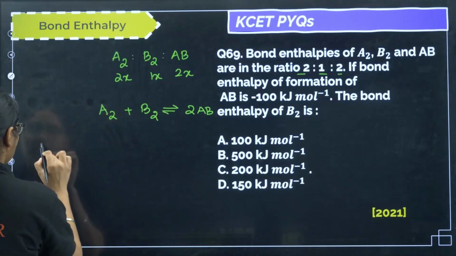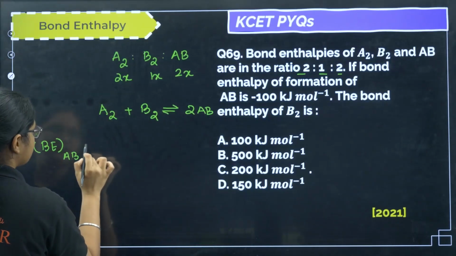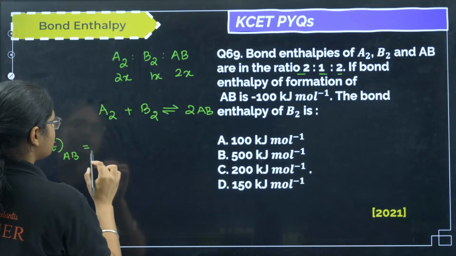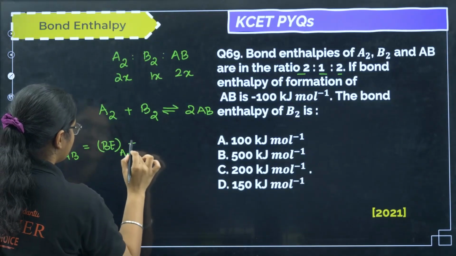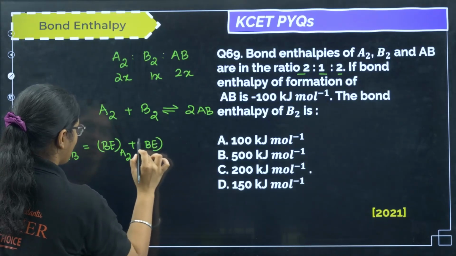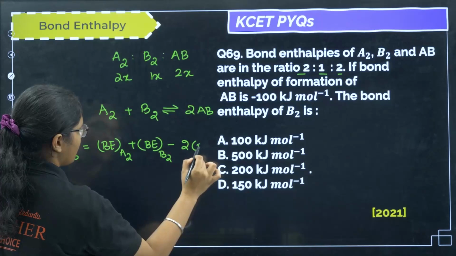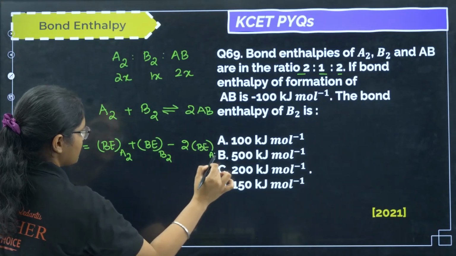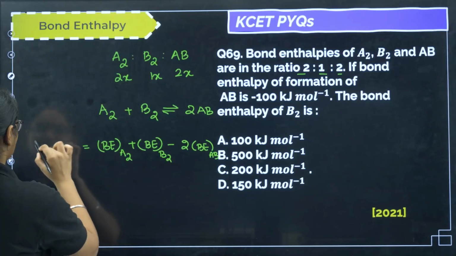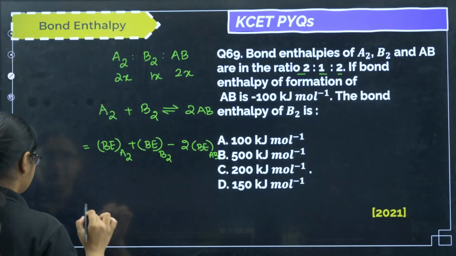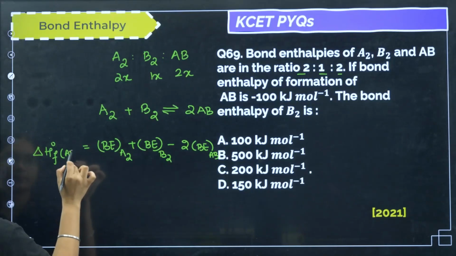So I can write the bond enthalpy for formation of AB is equal to bond enthalpy of A2 plus bond enthalpy of B2, right, minus 2 times the bond enthalpy of AB, okay. And this side, what is it? Delta H of the reaction, or delta H of formation of AB. Okay.